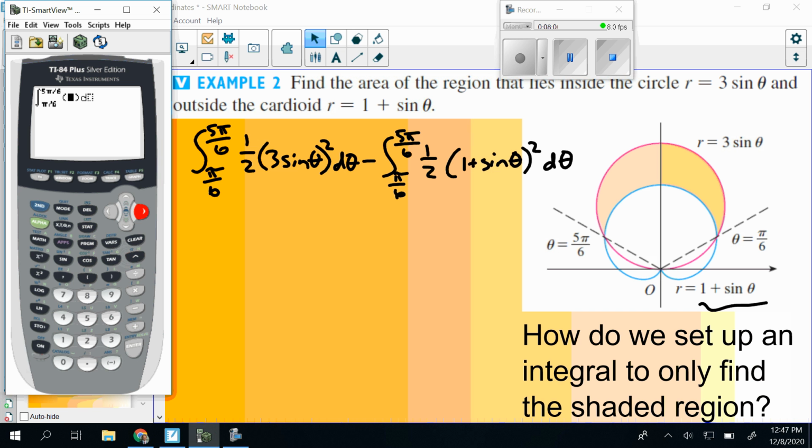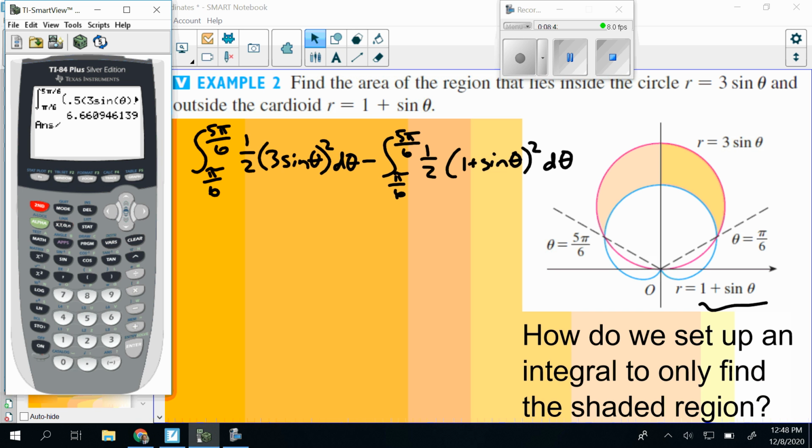And then we're entering in here our 1/2, you could do 0.5 if you want. Then I'm starting a parentheses here because I want that whole function squared. So 3 sine theta. We got to close up that parentheses for the sine theta, close up this whole parentheses for my 3 sine, and then square it. And then over here, d theta. So that's going to give me just the one on the left there. If you hit enter, you get this.